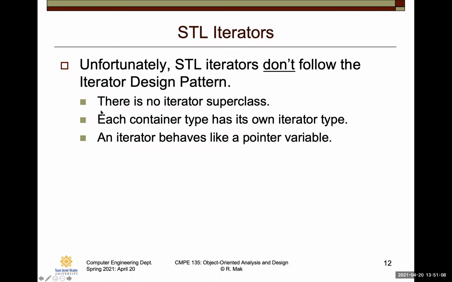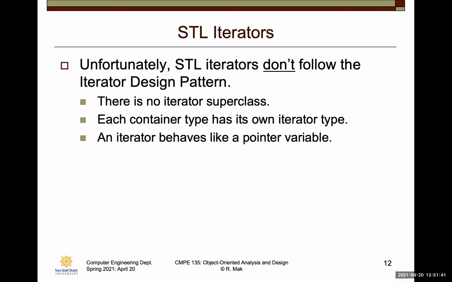Now, there's no iterator superclass. You saw how important it was for the iterator design pattern to have that iterator superclass. Well, there is no iterator superclass in the standard template library. Each container type has its own iterator type. What I showed you earlier, the array had its own iterator and a vector has its own iterator, but both iterators were subclasses of a superclass.